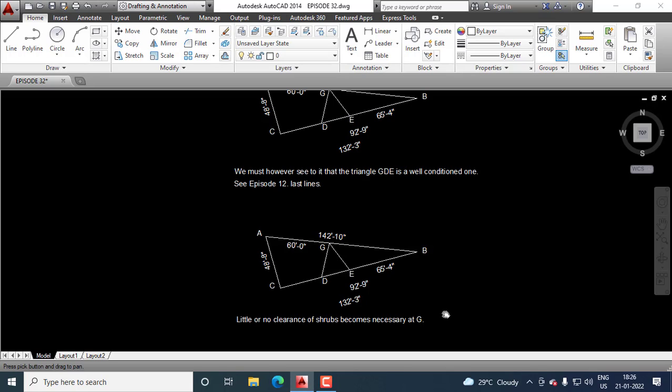Little or no clearance of shrubs becomes necessary at G. We can see G through the shrubs. I think we can see G from here also through the shrubs. If we can't see, some clearance of shrubs becomes necessary.